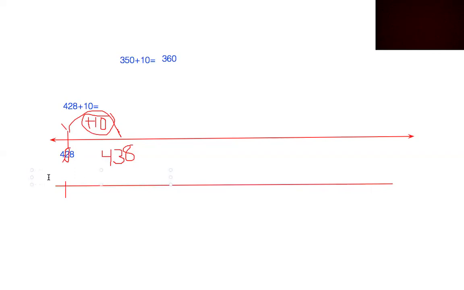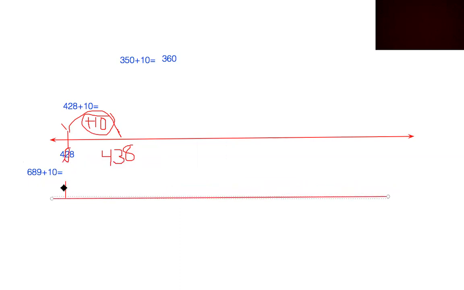Let's do 689 plus 10. What goes here? What should we put there?